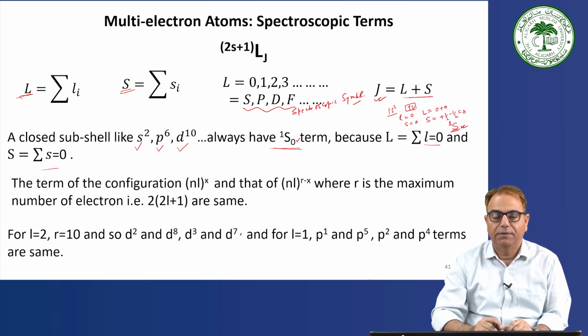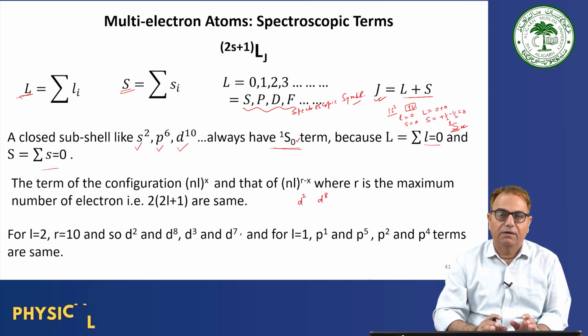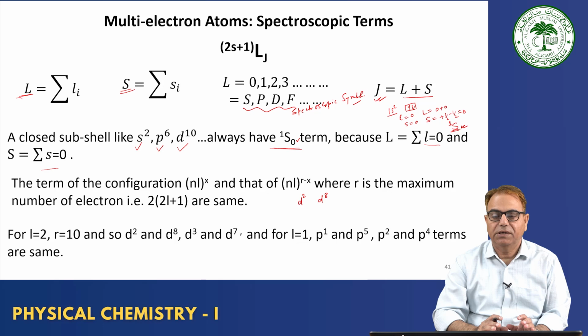So this you remember. Then another common feature of the spectroscopic term is that if you have a configuration like d2 and d8, altogether 10 electrons could be in the d orbital, because you have 5 different kinds of d orbitals.